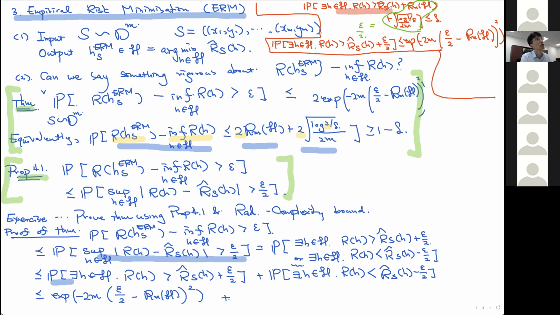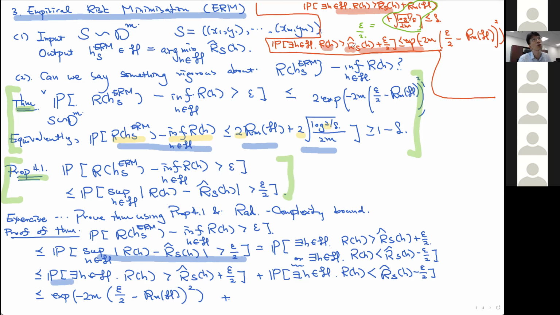So we have this inequality and its bound. But then the dual versions, what this bound is saying, this says that the risk becomes too large compared to the empirical risk.